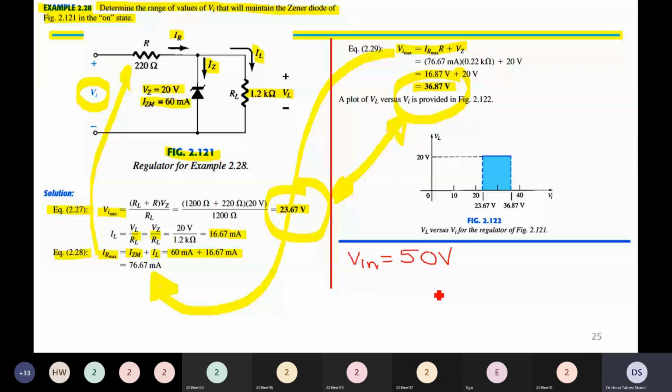Now determine IR. What is the value of IR?